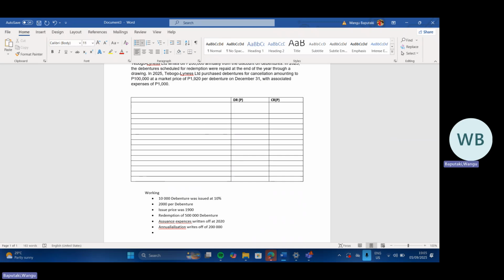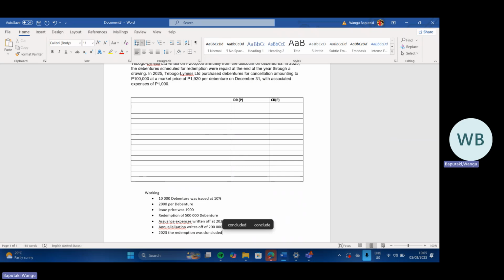And in 2023, the redemption was concluded. So this is our given data. Moving forward, I'll be generalizing that information.